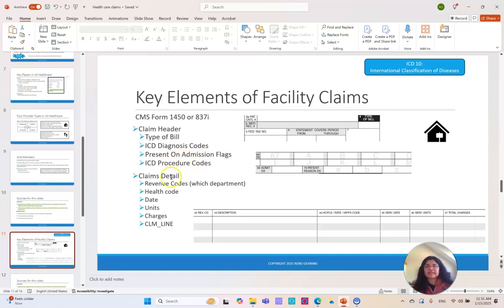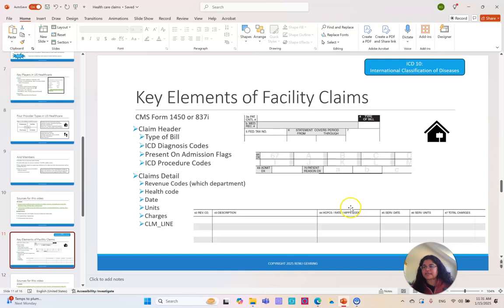So the second section of the claim form is the detail section. So this is actually the billing part. And this is saying what department did the service come from. So here's the revenue code, and then this will give you a department, a description, and a health code.